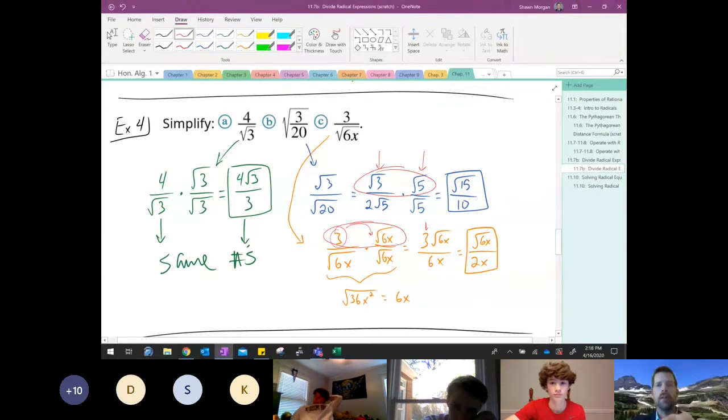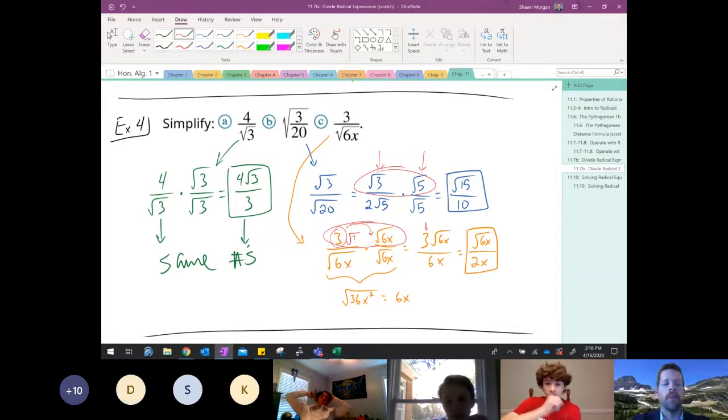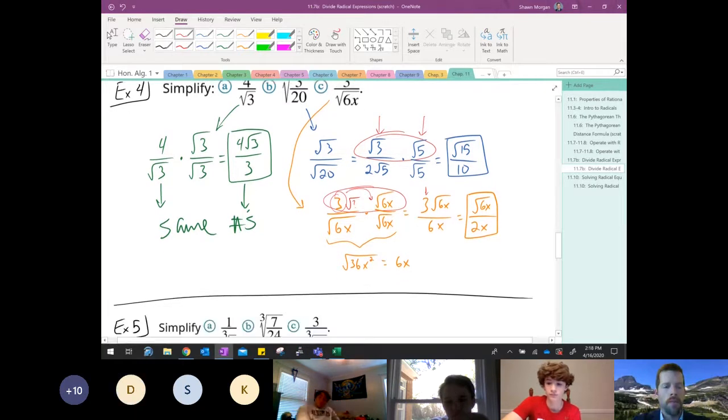As long as the roots are the same, you multiply their radicands together. 3 times 5 made 15. Down here in orange, there was no radical, so we didn't multiply by anything. It just stayed as the square root of 6x. So that's an important point to bring up.